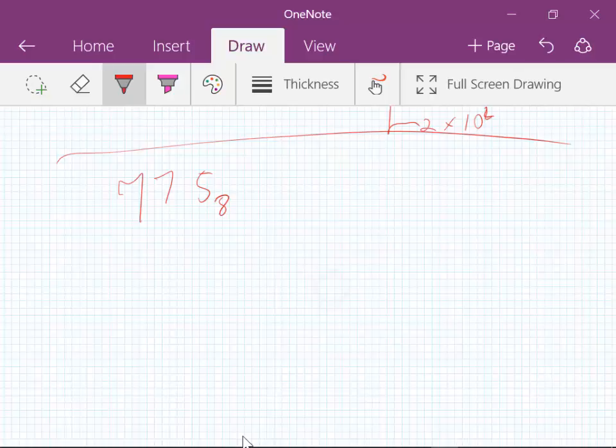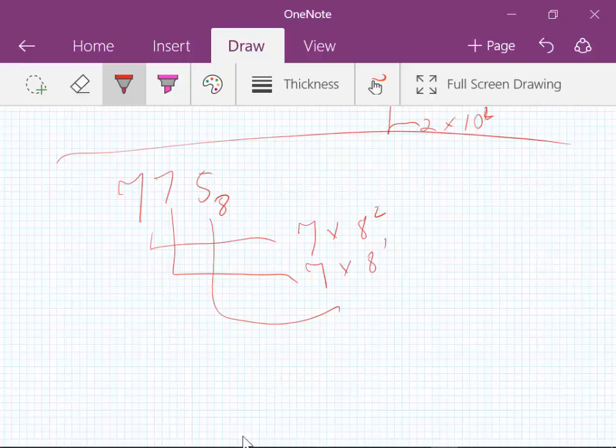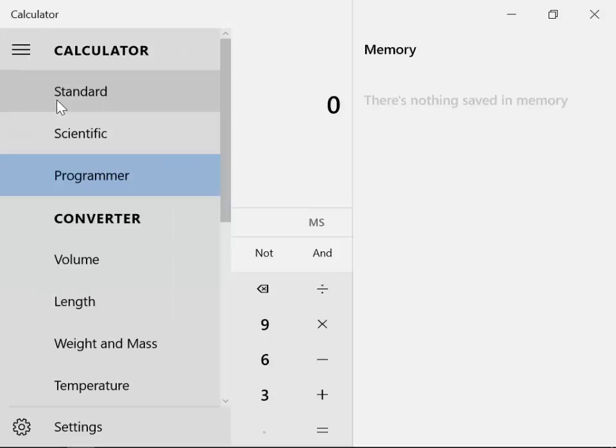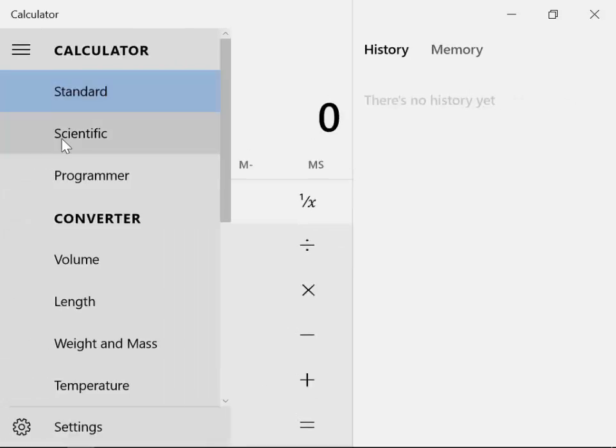So when we look at this number, it's 7 times 8 squared plus 7 times 8 to the 1, which is 8, and 5 times 1. So this answer would be, take it out of programmer mode, put it in standard mode or scientific mode.